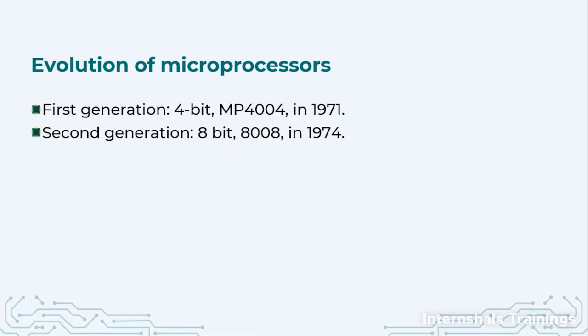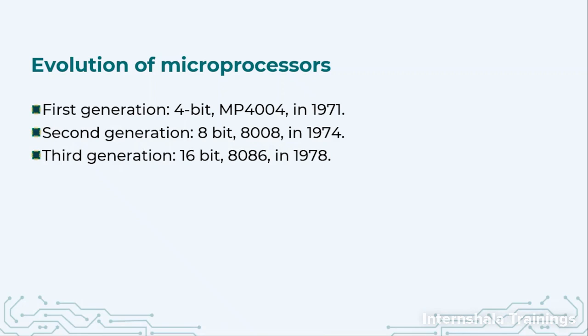They were able to perform very simple arithmetic operations. Then came the 16-bit microprocessor 8086 in 1978. This microprocessor could perform a lot of operations, and the computing community started growing with this microprocessor.